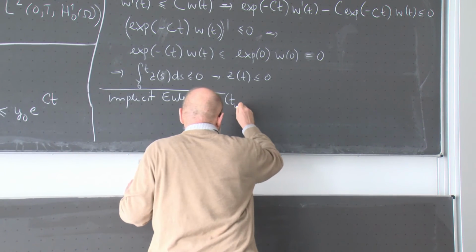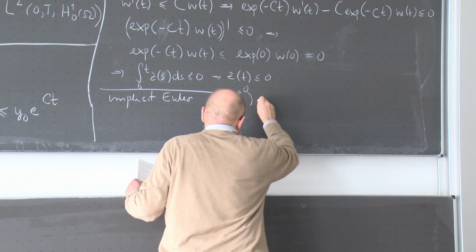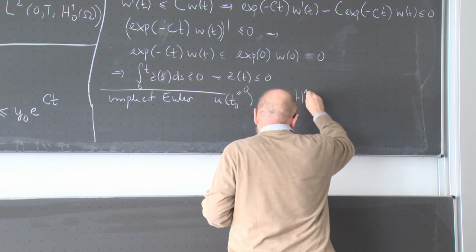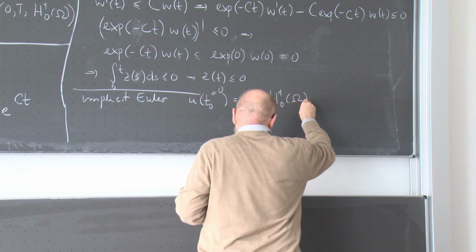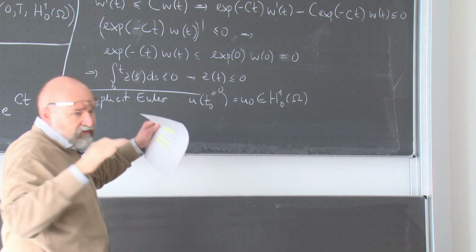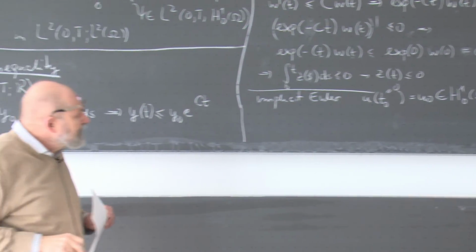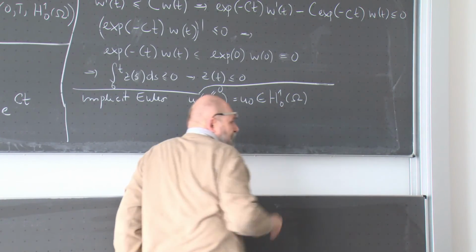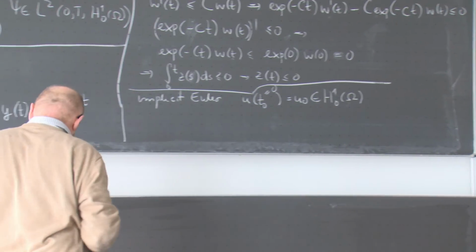We start at t_0, which is 0, with a u_0, which we assume at the first step to be an H^1_0 function, in the space where the whole solution should live. This is something which later on has to be removed, because that's a much too strong assumption.